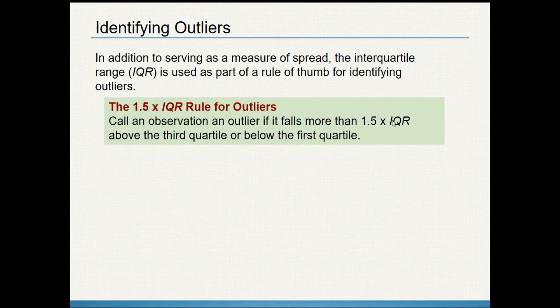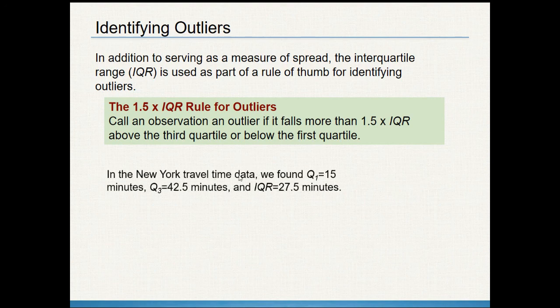So we find the IQR, multiply it by 1.5, add that to the third quartile and subtract it from the first quartile, and if we have values above that or below this, we consider those to be outliers.